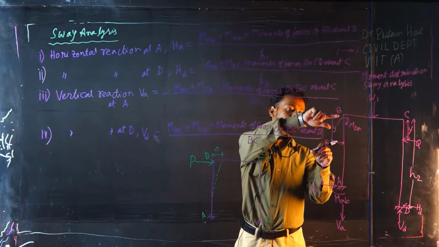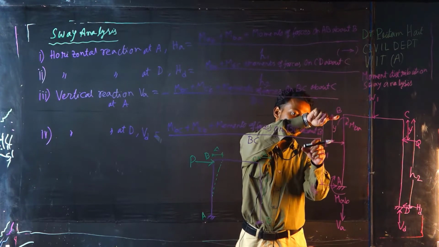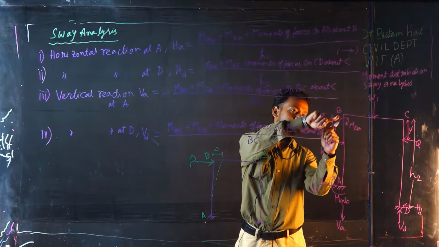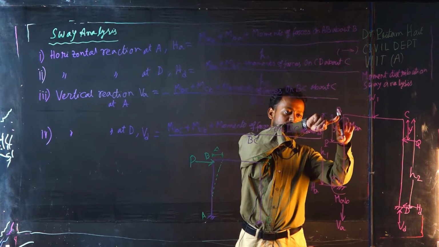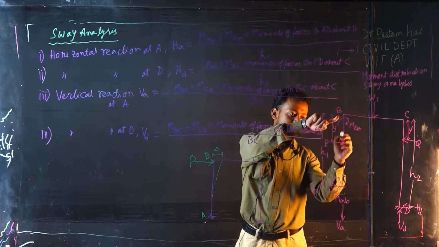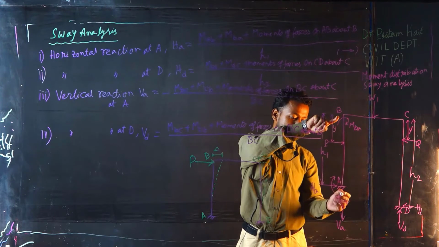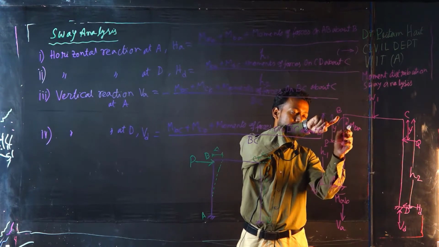So while you are applying P load at an eccentricity Y, if you see the moment that is generating at B, that will be anti-clockwise. So reaction moment will be in clockwise direction. So MAB will be clockwise direction and MBA will be clockwise direction.